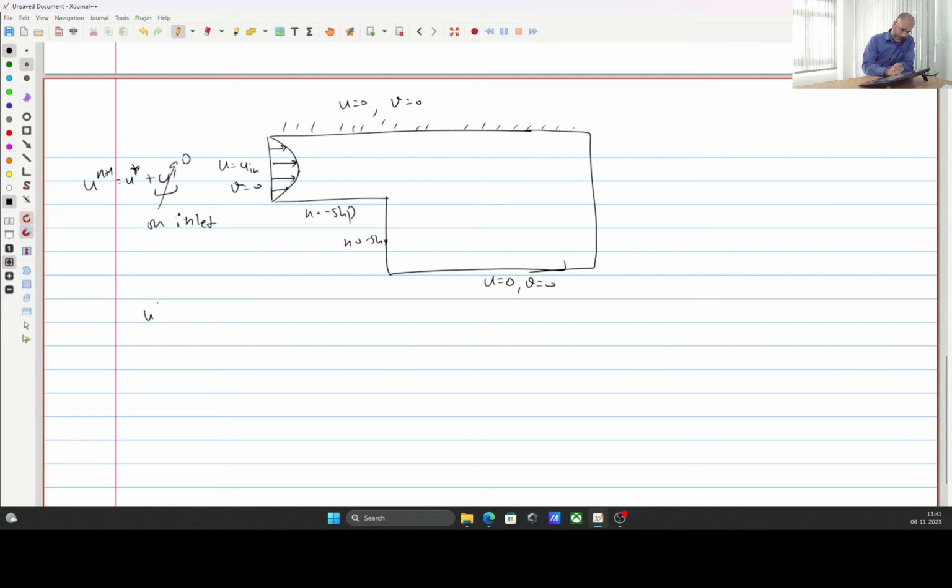So if U prime is 0 on the inlet, can we use that to get the boundary condition for pressure? So what is U prime in terms of P prime? Right? So if this is 0, then that means that del P prime by del X is 0.